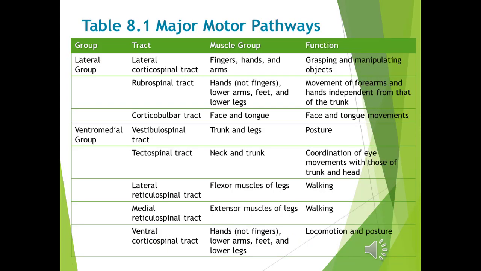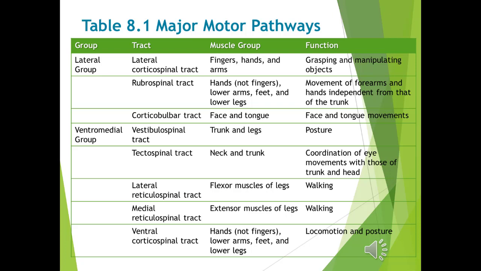This illustration is worth studying because it lays out the major groups, their tracts, the muscle groups that they affect, and the ecological functions or behavioral functions of those muscle groups.